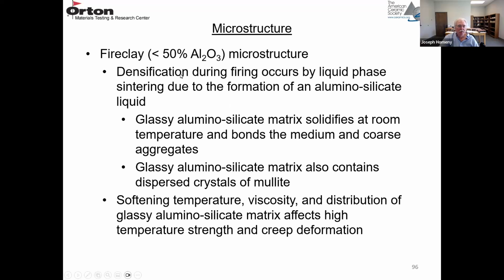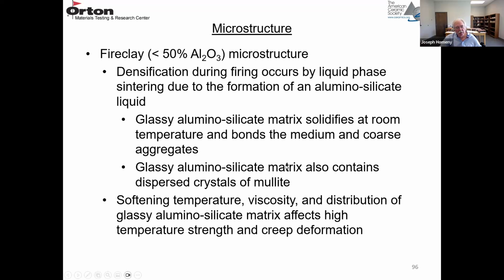There's a densification process, and again, there's another course that we have in this sequence that's all on densification and sintering. So the densification during firing occurs by a liquid phase sintering process, and you're going to have an aluminosilicate liquid. So it's going to be a silicate-based glass or liquid. This glassy aluminosilicate matrix becomes solid at room temperature, and it's going to bond the aggregates, which are the pre-fired clays.